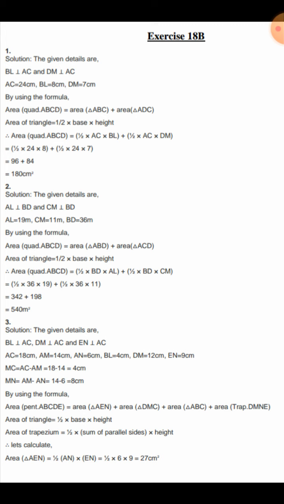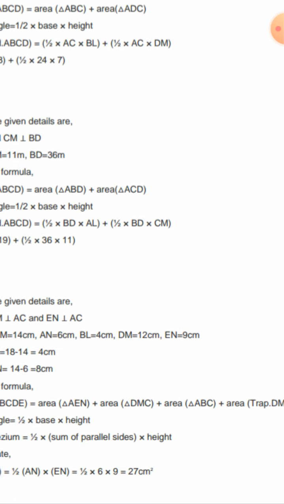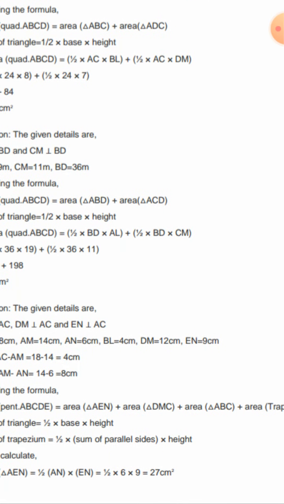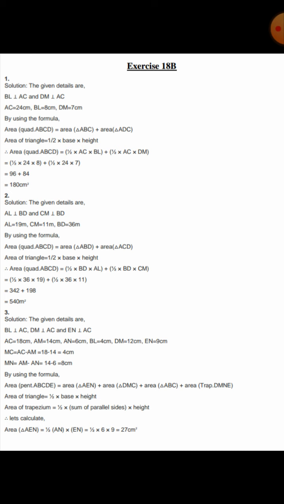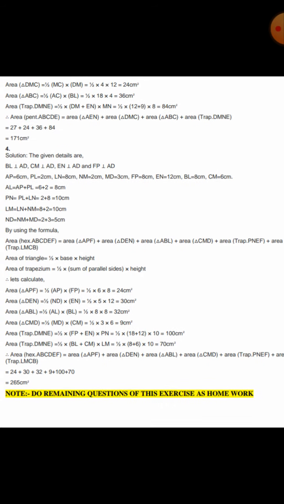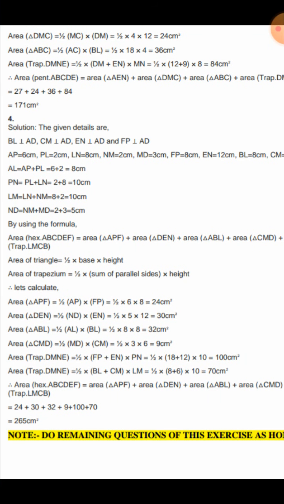Now by putting values, area of AEN will be equal to half into AN into EN. By putting values, it will be half into 6 into 9, which is 27 centimeter square. Then area of triangle DMC equals half into MC into DM, half into 4 into 12, that is 24 centimeter square.